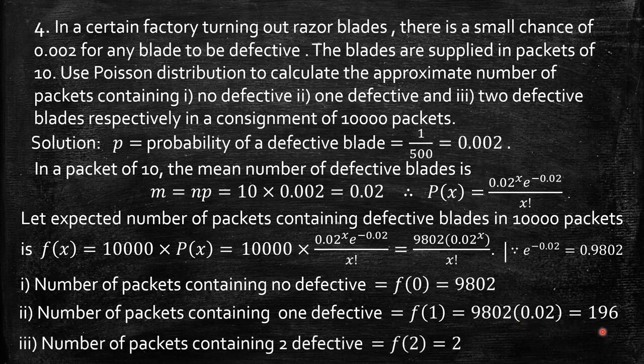The last one is the number of packets containing 2 defective, that is f of 2. That gives 9,802 times 0.02 square by 2 factorial, which simplifies to 1.96. Since it is the number of packets, we have to round it to the nearest integer value, so that is 2.